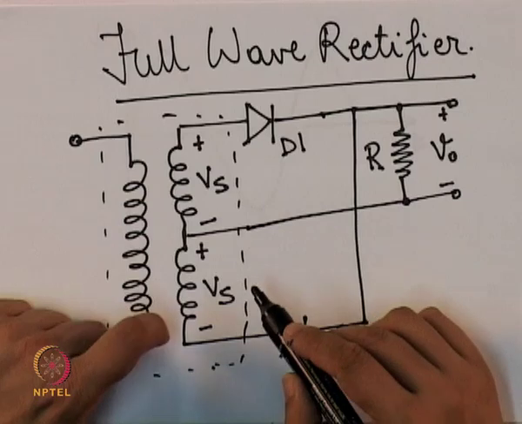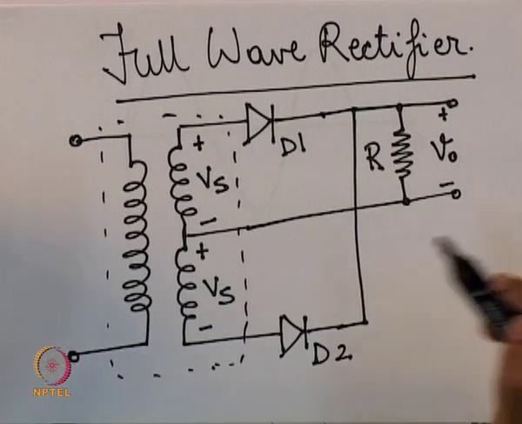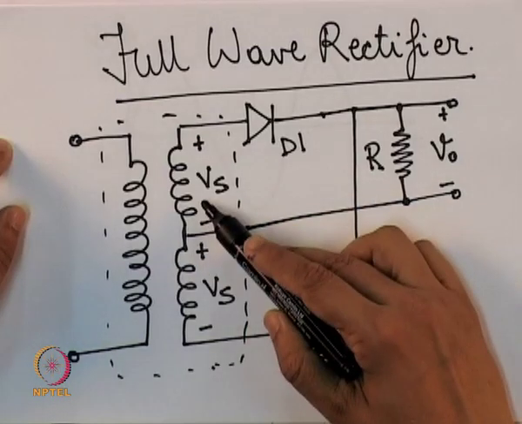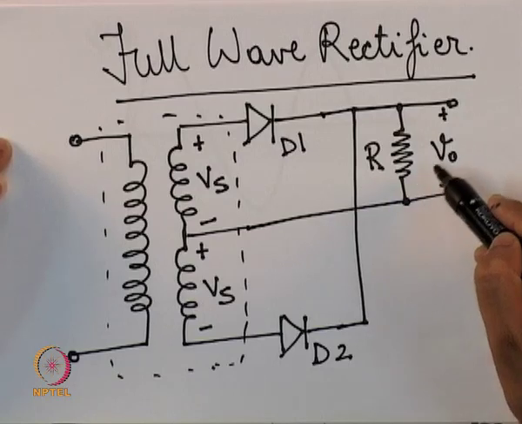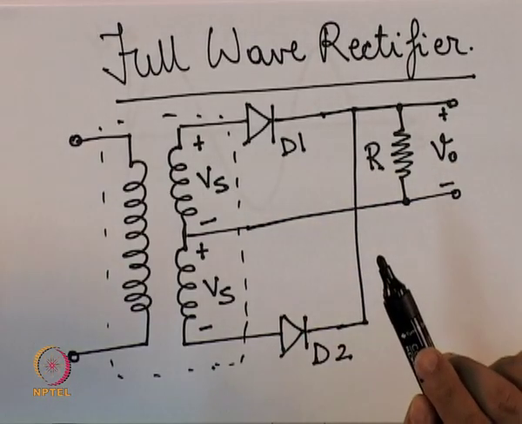When Vs is in the positive half cycle, however, diode D2 will be reverse biased and will not conduct. So, the voltage Vs will therefore appear across the resistance R0, that is, it will appear across the output voltage V0 during the positive half cycle.